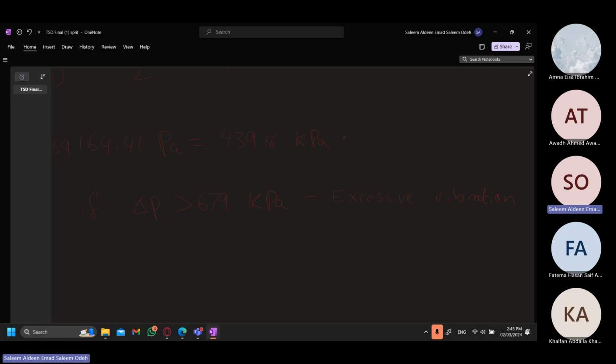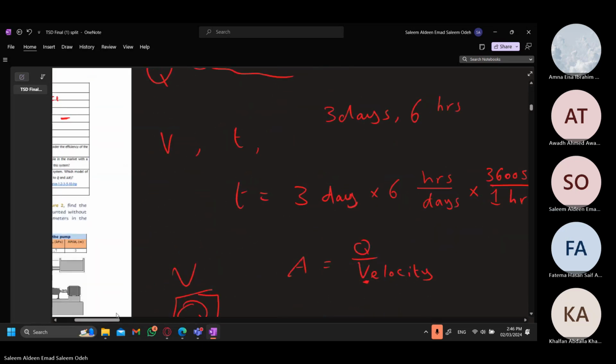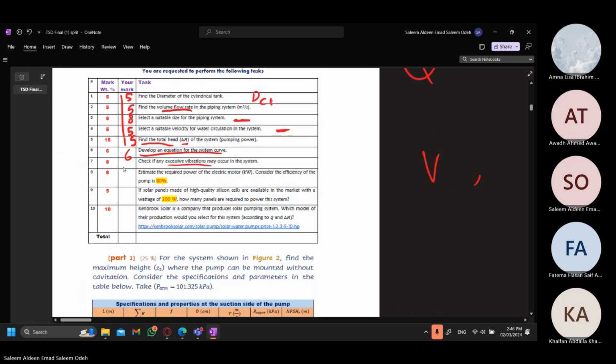But since our value is less than 679, no excessive vibration. There will not be any excessive vibration. So now we got another 8 marks.